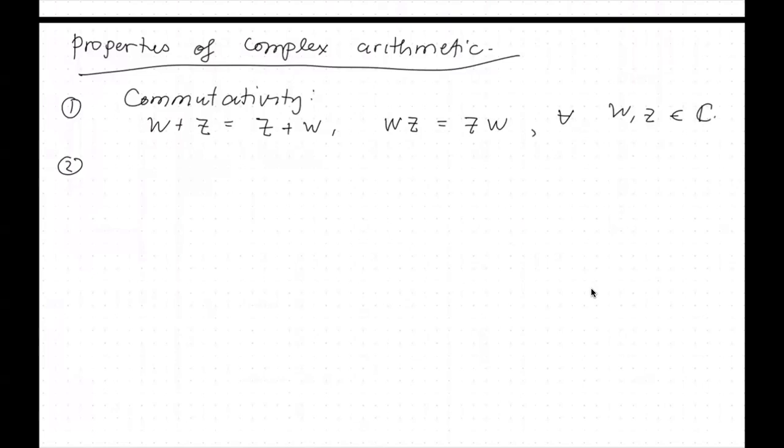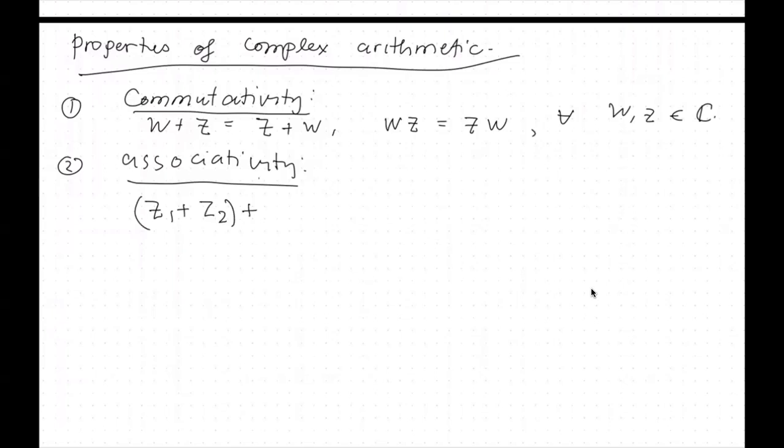we have the associativity. Okay, my spelling seems messy. Associativity. So the first is commutativity. The second is associativity. So first we have it with addition.